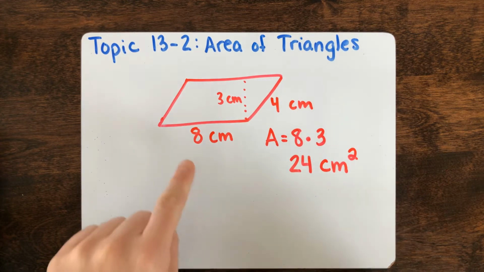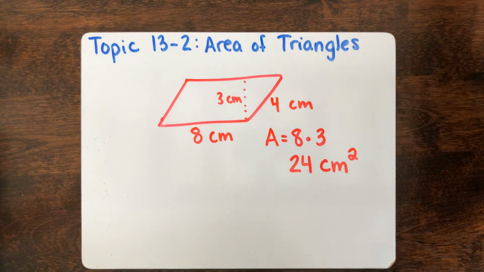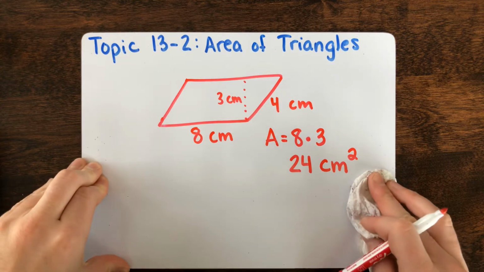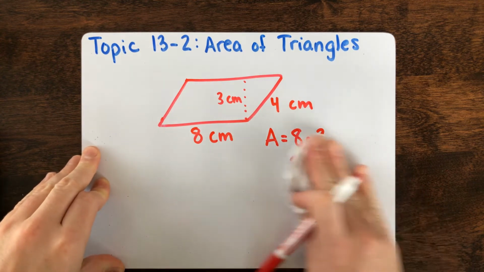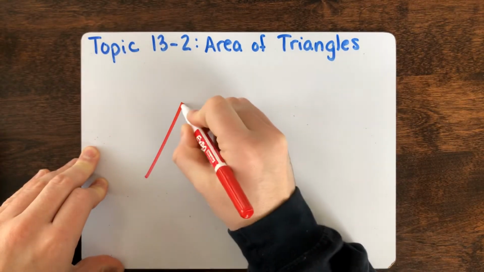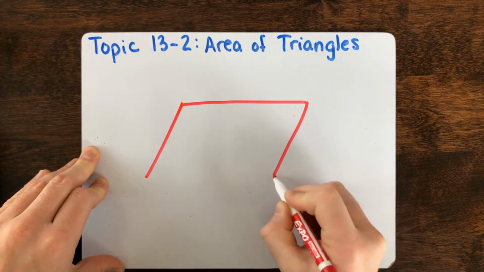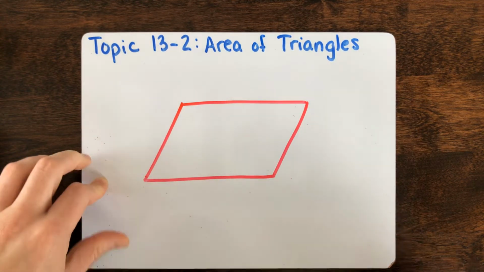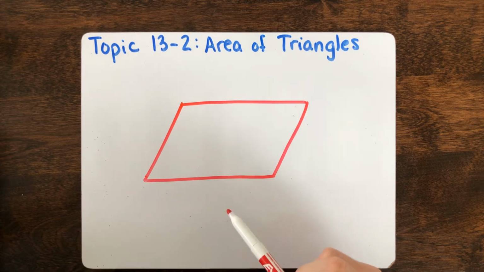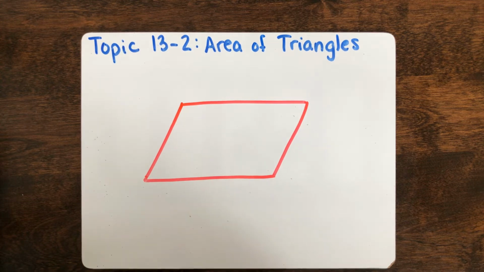All right, so let's look at this parallelogram. If we know how to find the area of a parallelogram, we definitely know how to find the area of a triangle. So let's go over a little example. So this is a parallelogram again. All right, now from this parallelogram, we can find 2 triangles.